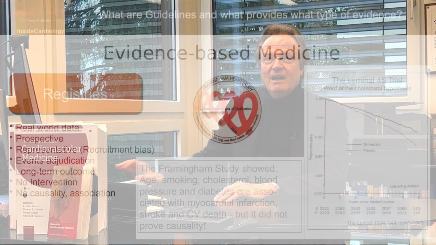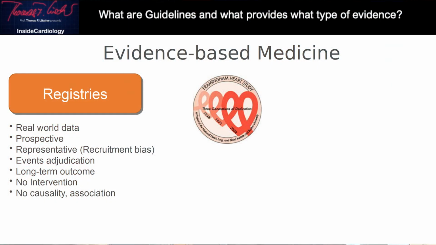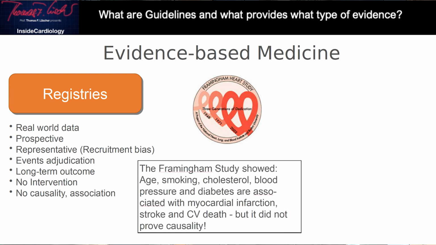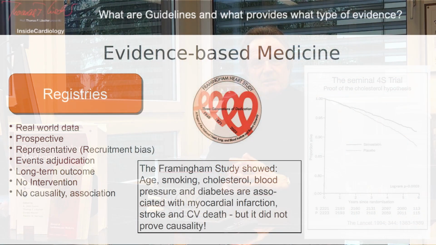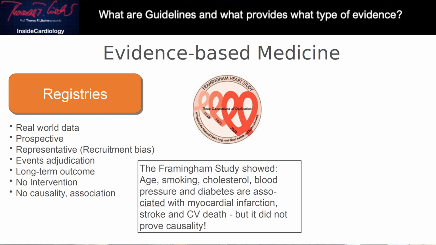But we started with registries in cardiovascular medicine, and the classic registry that created all the prevention we currently do is the Framingham study. And in Framingham, they just looked at around 5,000 inhabitants of a suburb of Boston, and they basically showed that age, smoking, cholesterol, blood pressure, and diabetes are related to outcomes, such as myocardial infarction, stroke, and premature death.